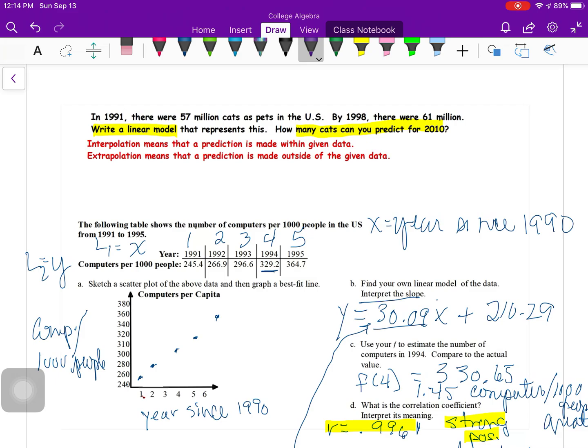Well, if I'm going to write the model, I'm going to create points here. So in 1991, there were 57 million cats. So in other words, would our slope be years per cat or cats per year? Our slope would be cats per year. So slope means y's over x's. So cats are our y's and years are our x's.